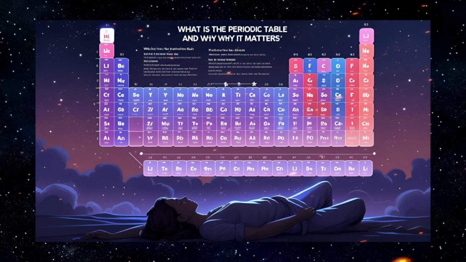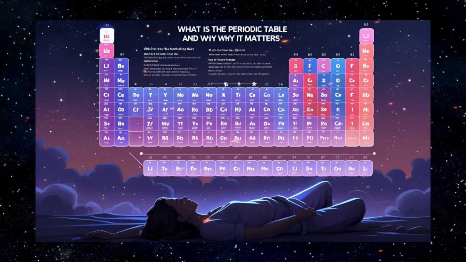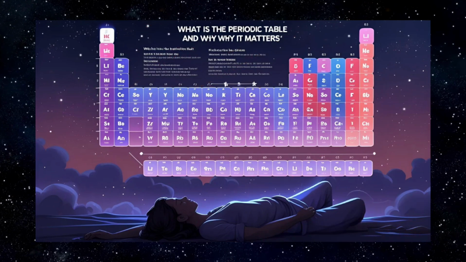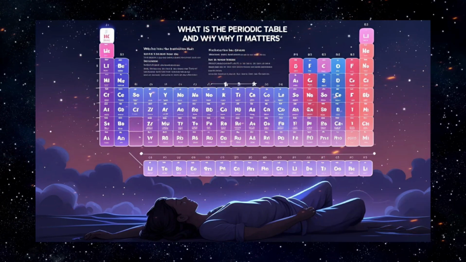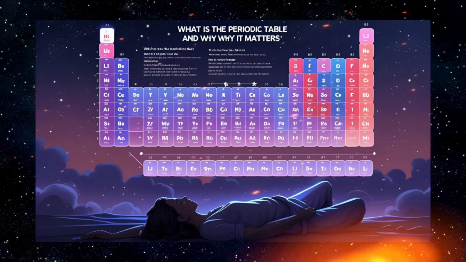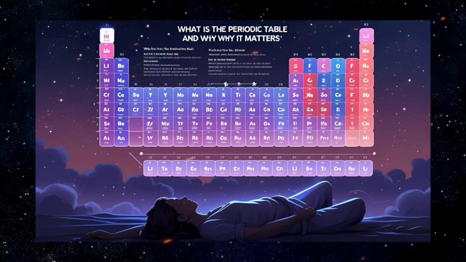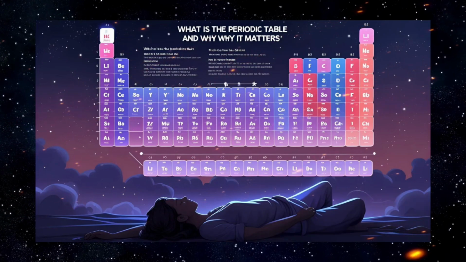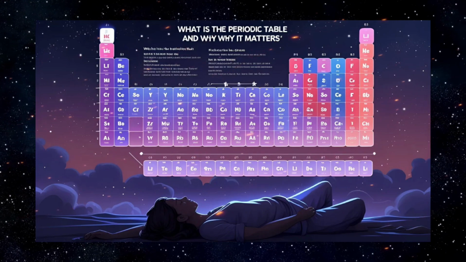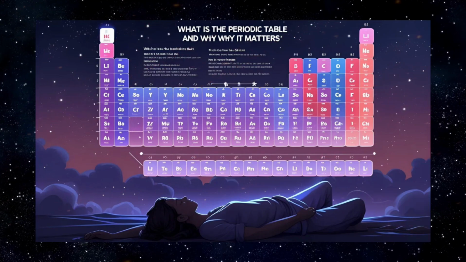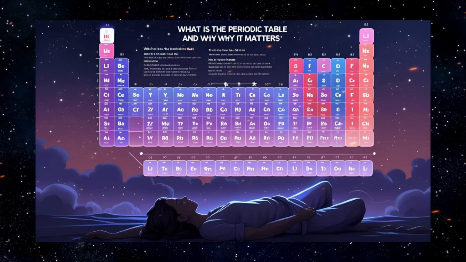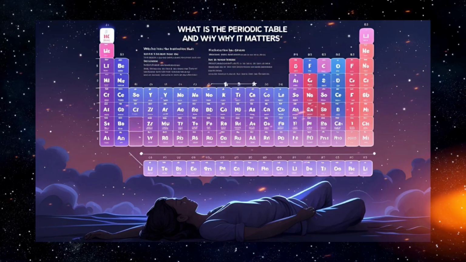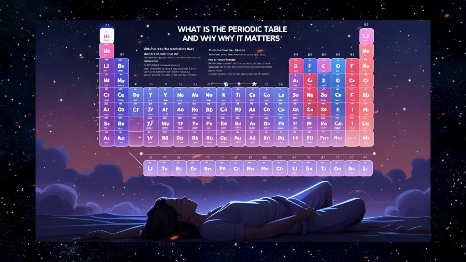As you move across a period or down a group, predictable patterns begin to form. These trends are not coincidental. They arise from the way atomic structure changes with increasing proton and electron count. They allow scientists to make informed assumptions about reactivity, bonding, and chemical properties, even before interacting with the elements themselves.